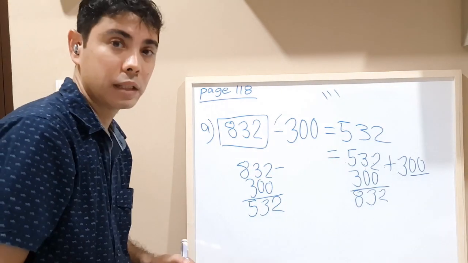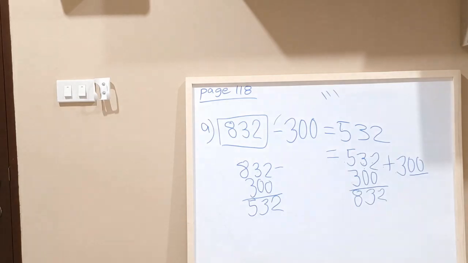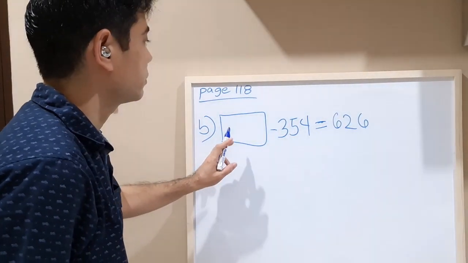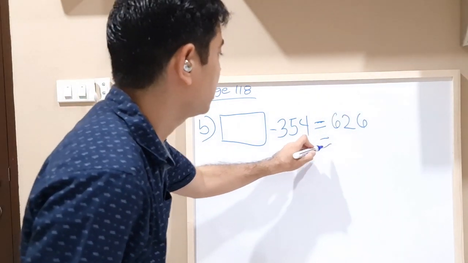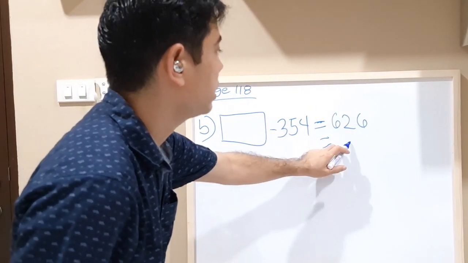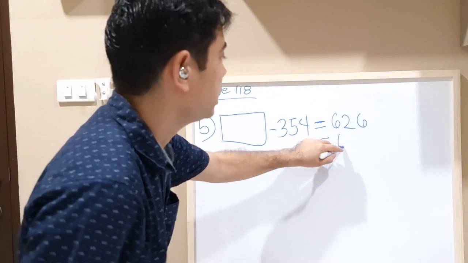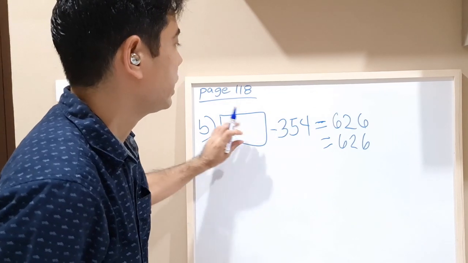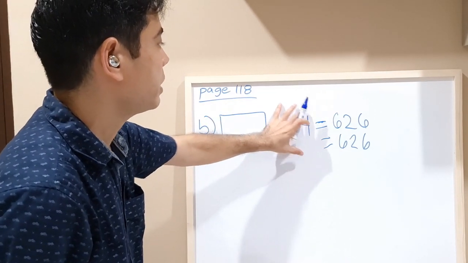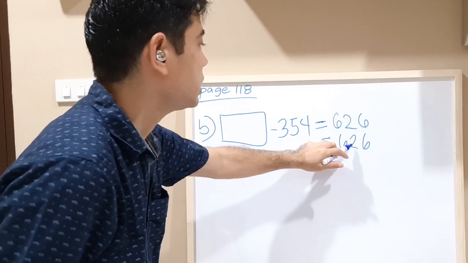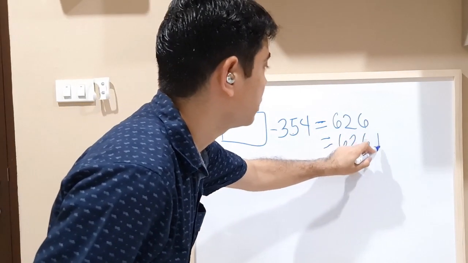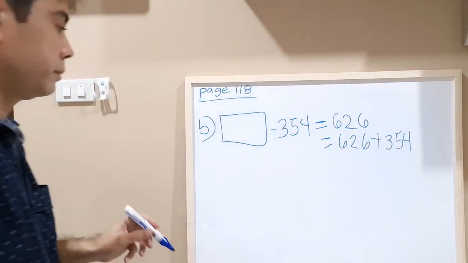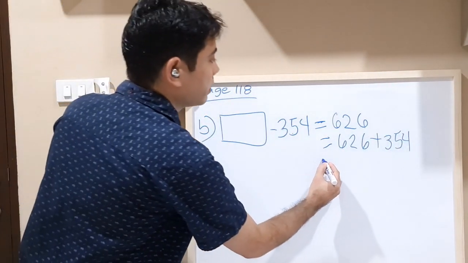Now we go to letter B. Let's find the number for letter B. So again, we bring this to the other place. 626. We can add, so we can subtract this small number to a bigger number. So 626 plus 354.